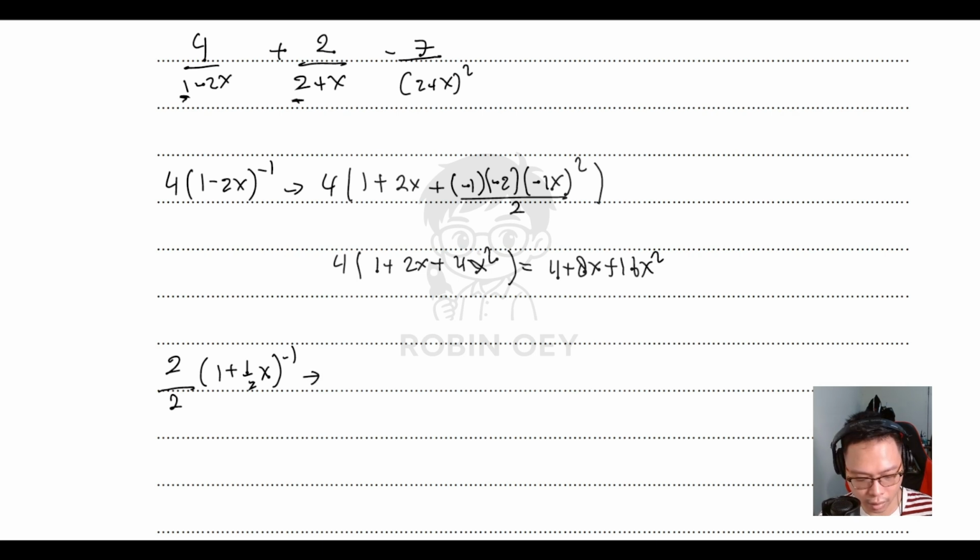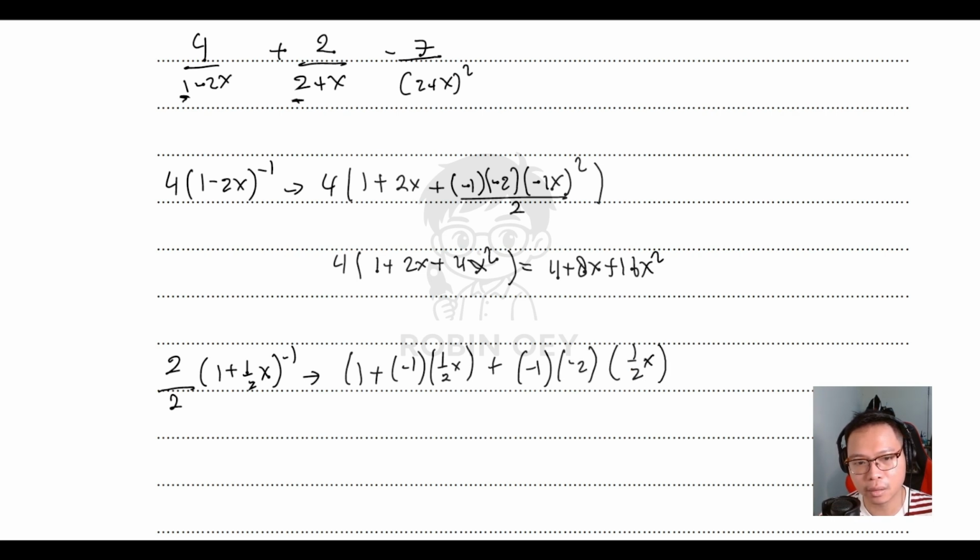So this will become 1 plus (-1) times half x, and then plus (-1)(-2) times (half x) to the power of 2 over 2.